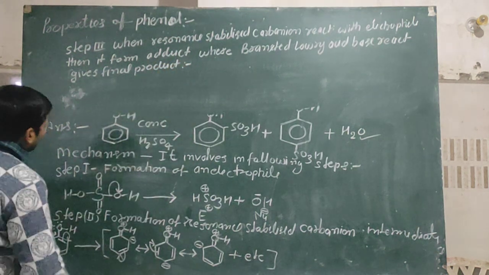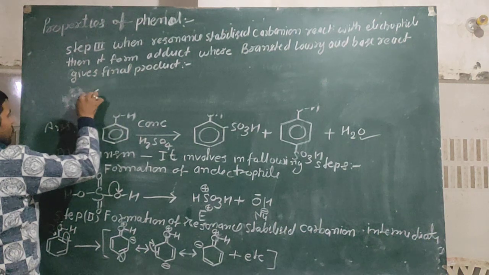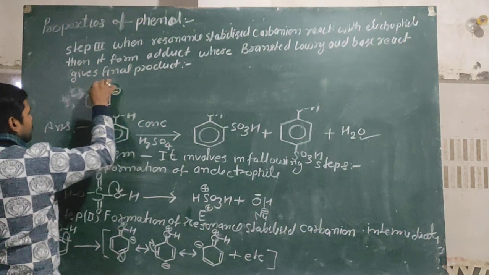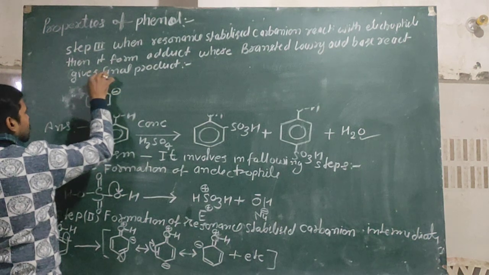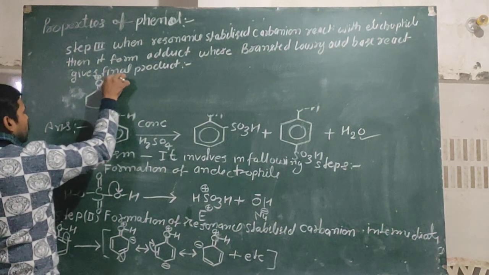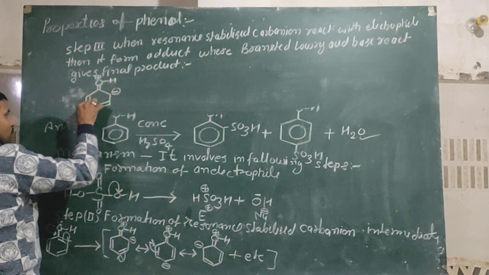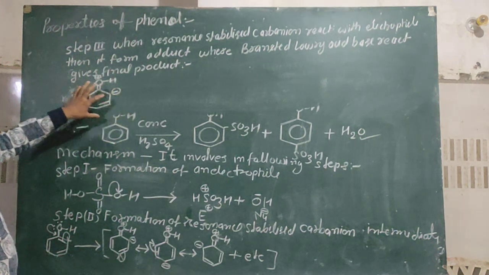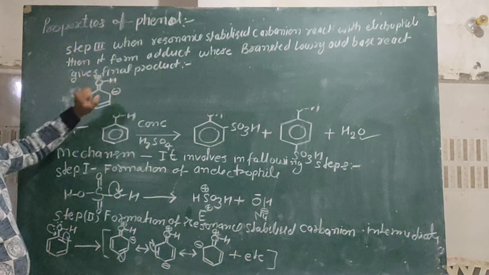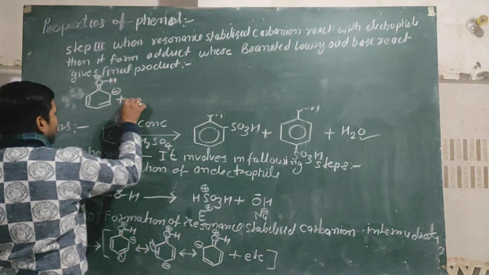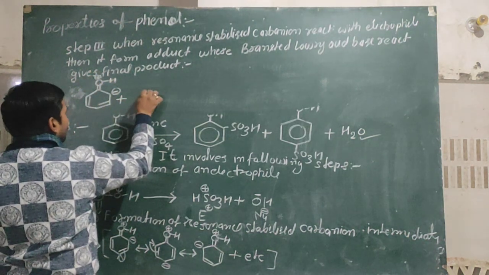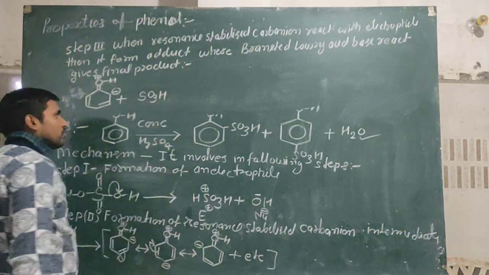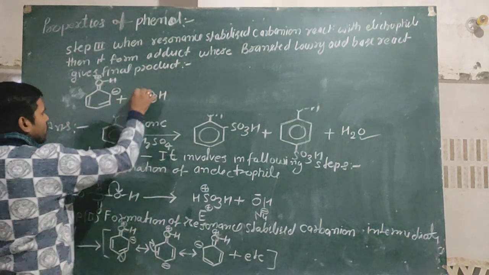You can see here in the first structure where the second carbon contains negative charge, oxygen contains positive charge with hydrogen and 2 pi bonds are present. It is the resonance stabilized carbanion where the electrophile SO3H sulfonic acid is present.